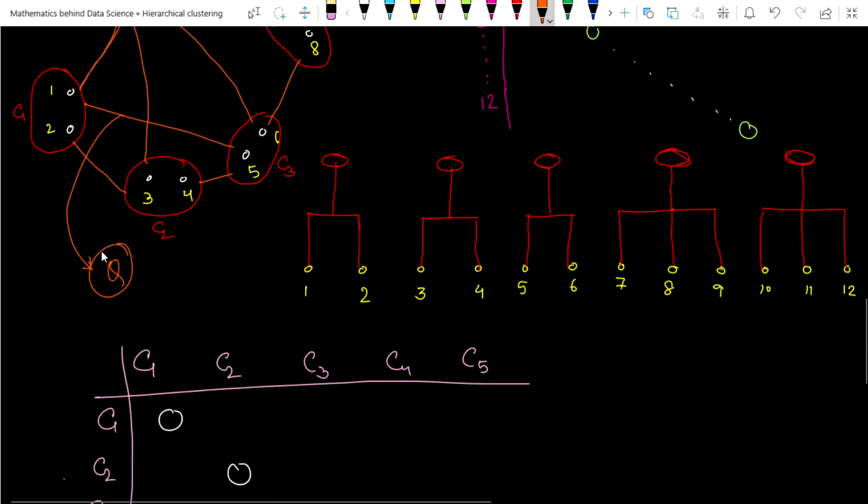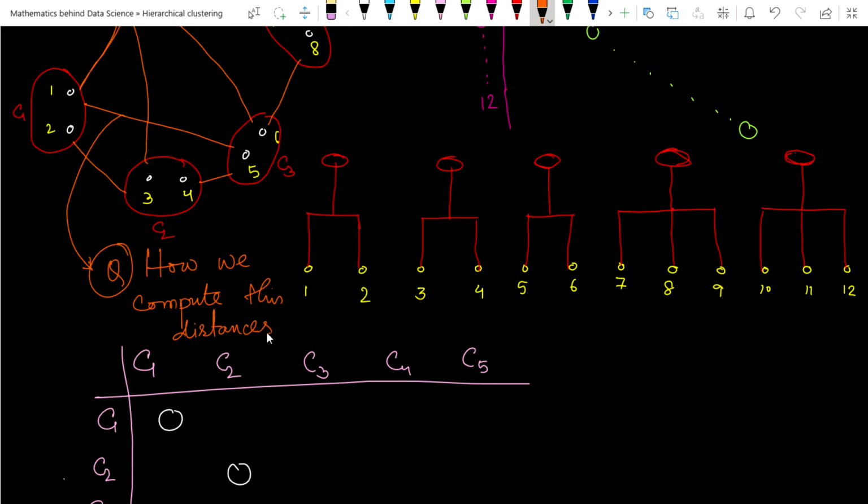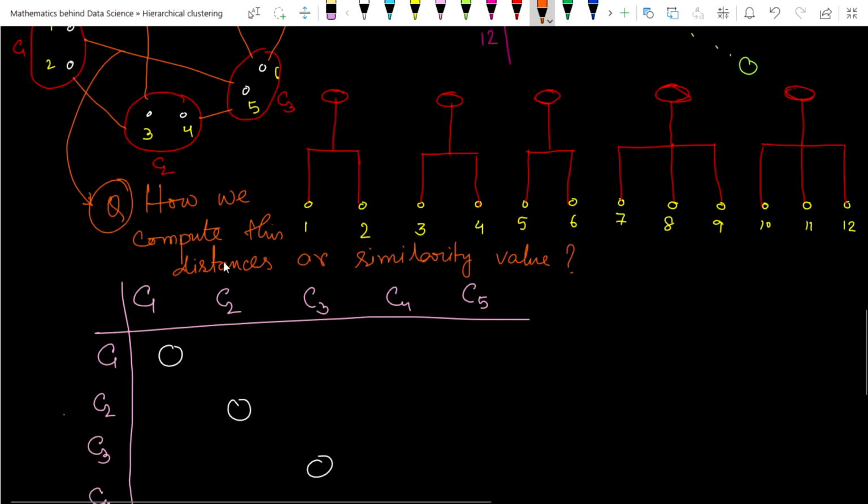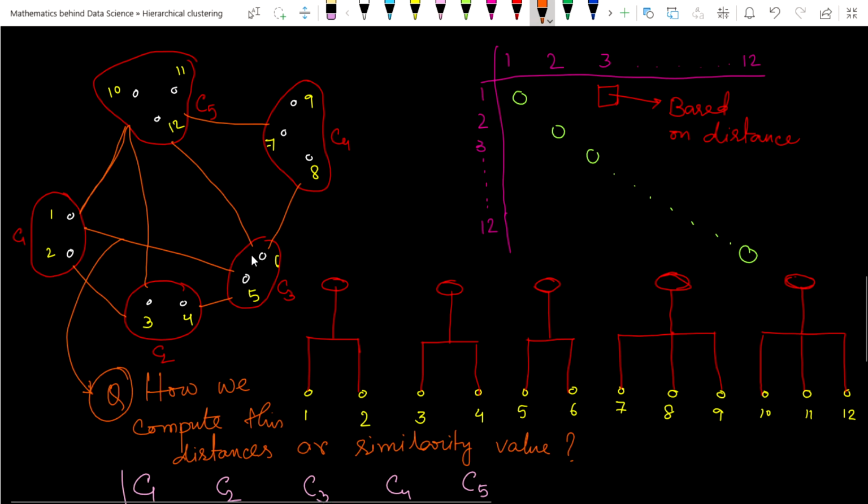Now the big question is how we compute these similarity values. This is the big question. How will we compute it? That's the first question.